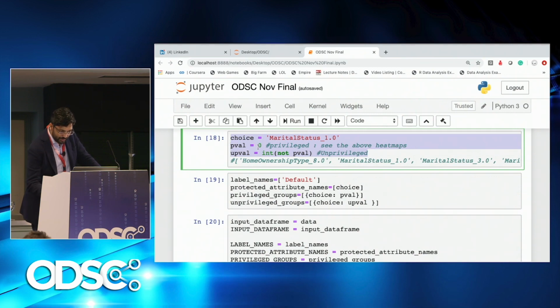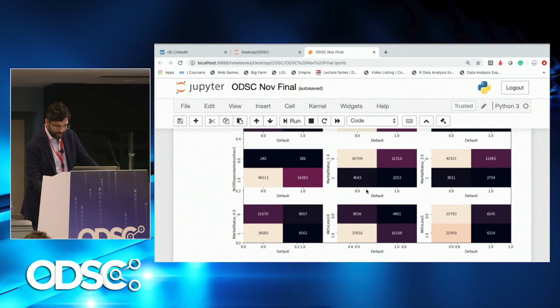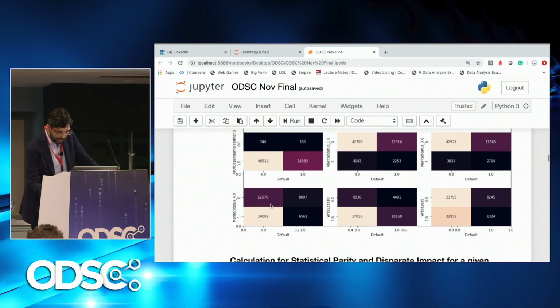And to see what is my privileged group, whether it should be 0 or 1, please refer to this heat map. There can be chances where the privileged group is 1. I'll show you one of those. If you see marital status 3.0, this is 0. I think so, this one. For 4.0, my privileged group is 1, because for 0, the higher number is on 1.